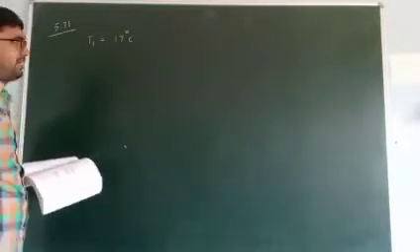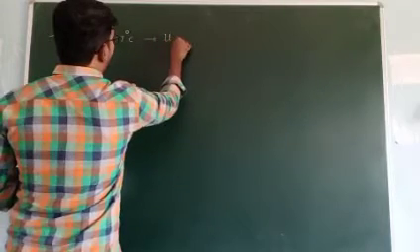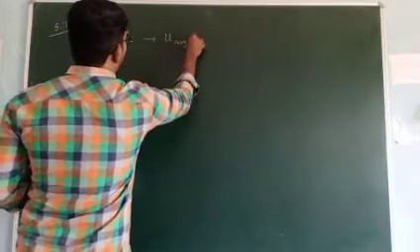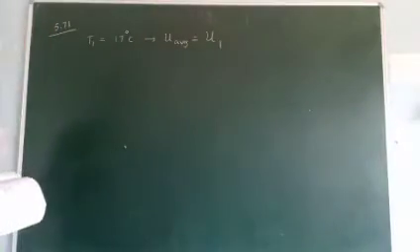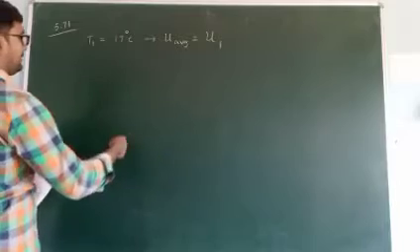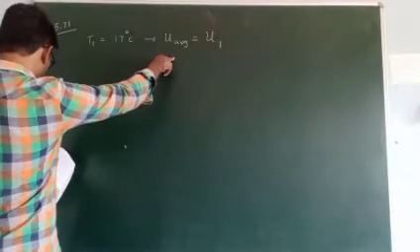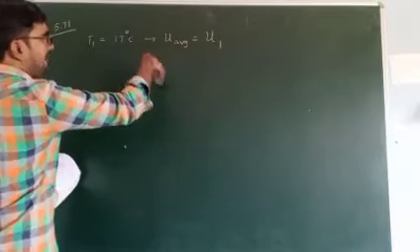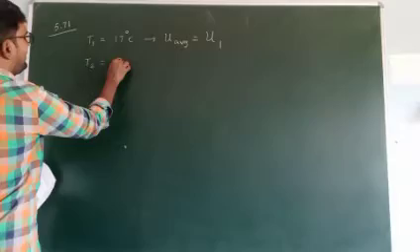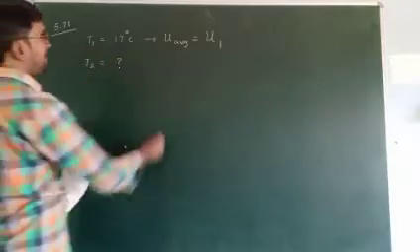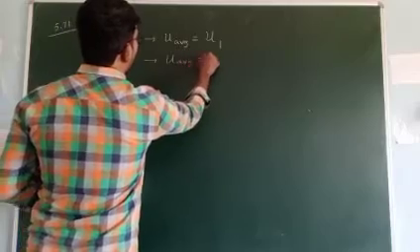At this temperature, the average speed is U average equal to U1. Now the average speed value is double. At what temperature is this average speed value double?